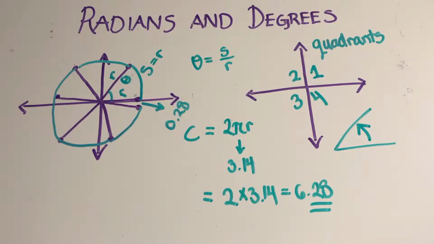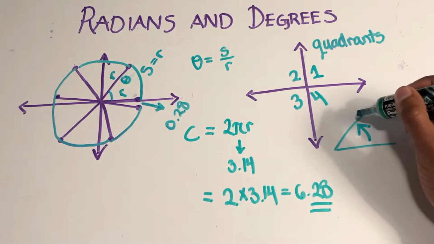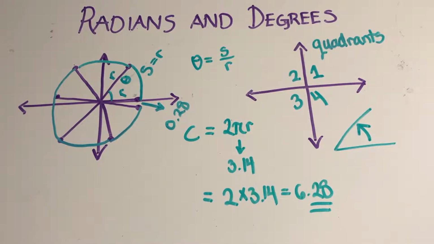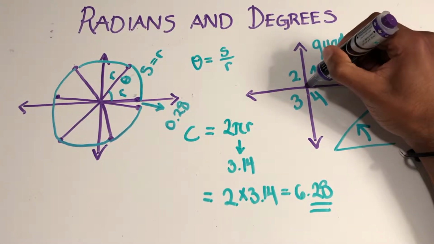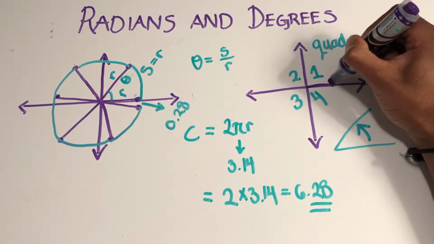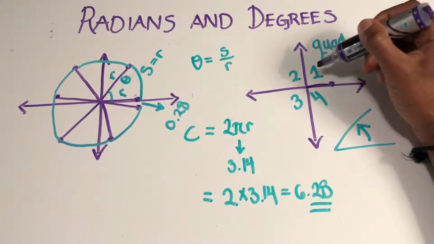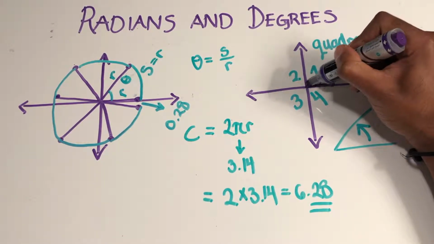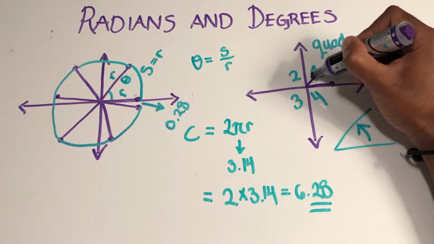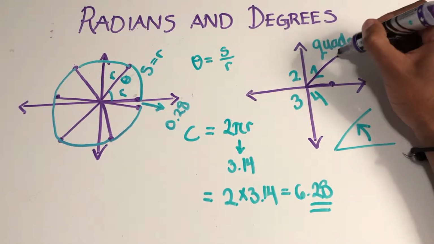The side it ends with on whatever quadrant, let me use purple again. Let's say an angle starts here at 0 and gains measure, let's say the angle is 75 degrees. So 75 degrees will be somewhere here before the 90 degrees.